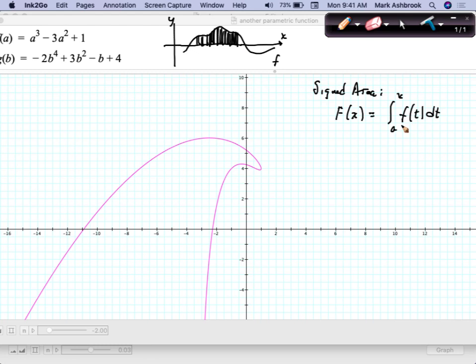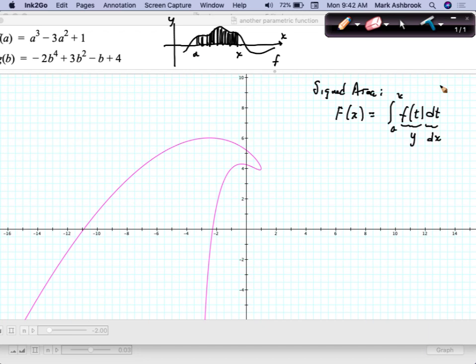And we said that this is essentially the y coordinate, and this is a dx. But we needed to use t because x is where we're at on the right side. And then t is every value from a to x. So we need that other variable that represents x values changing from a all the way to x.